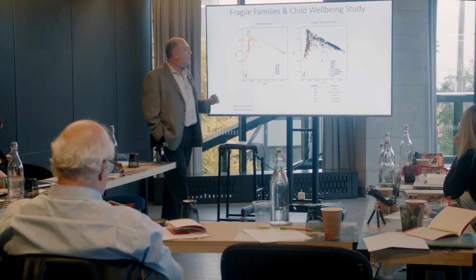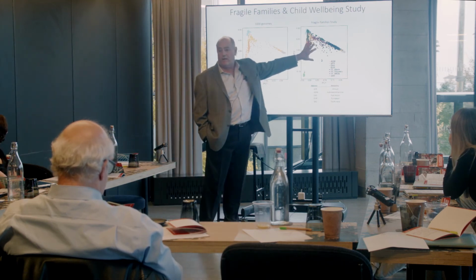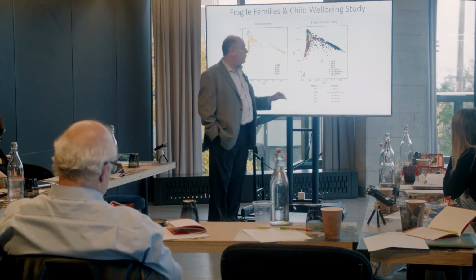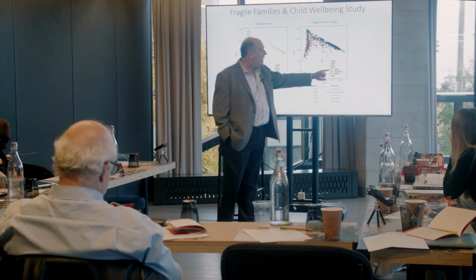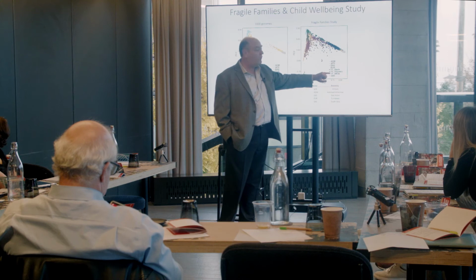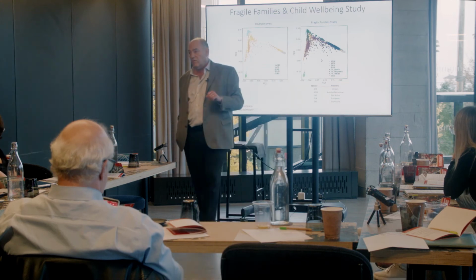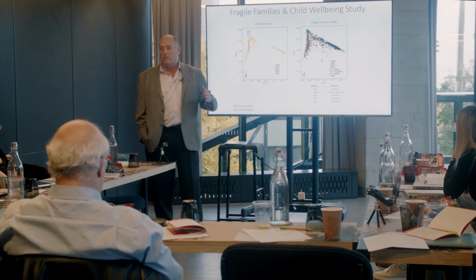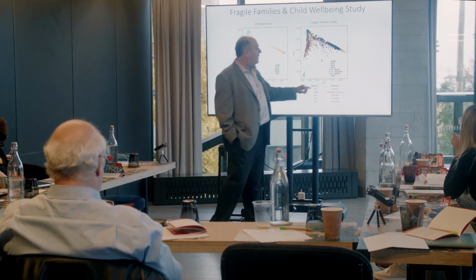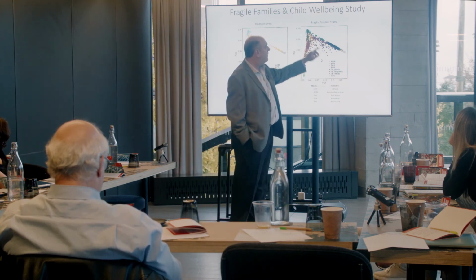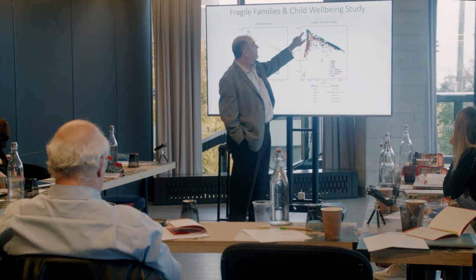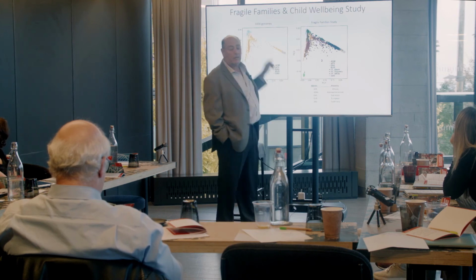Now, if you take the Fragile Families data and overlay it, here I've designated the racial statements of the mothers: I'm black, I'm Hispanic, I'm white. You see that the whites are closer to the Europeans. That makes sense.